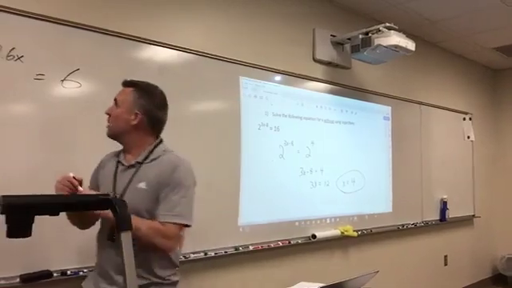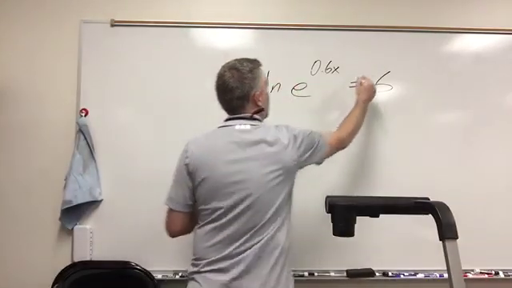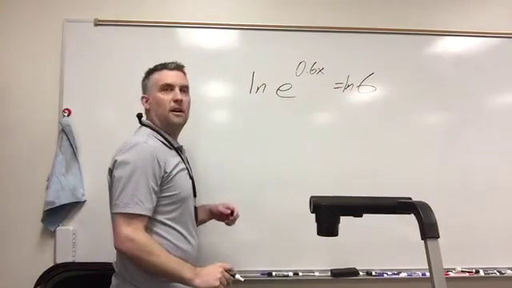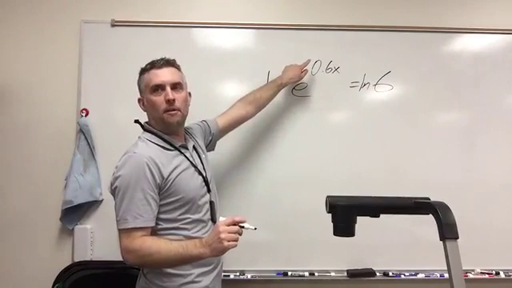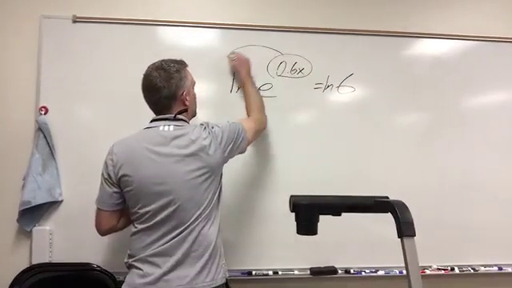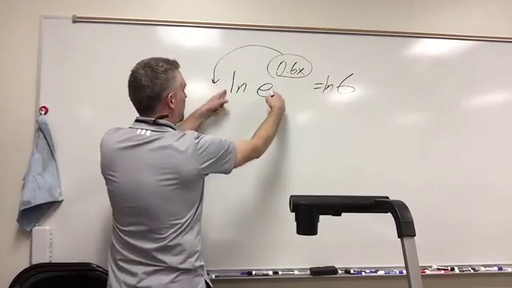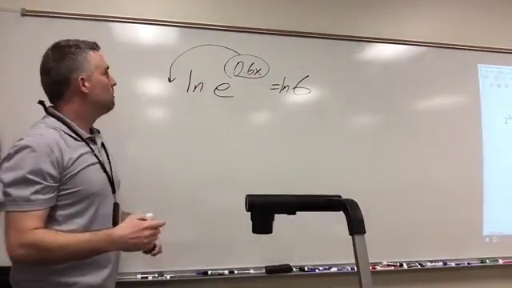So if I say, you know what, I'm going to take the ln of the left side and the ln of the right side. Now I can do that little move that I did on the PowerPoint. Where can this go? Down front, because it's an exponent raised to an exponent, which we know can multiply.